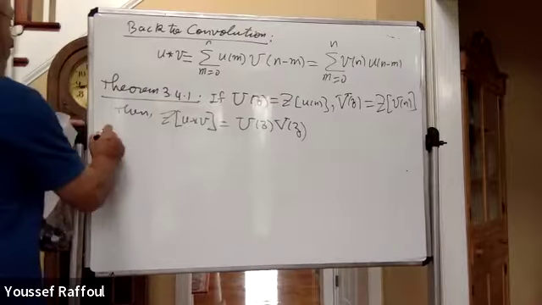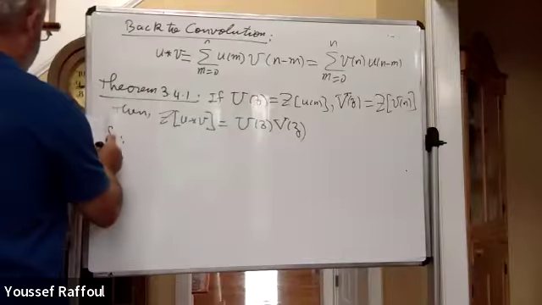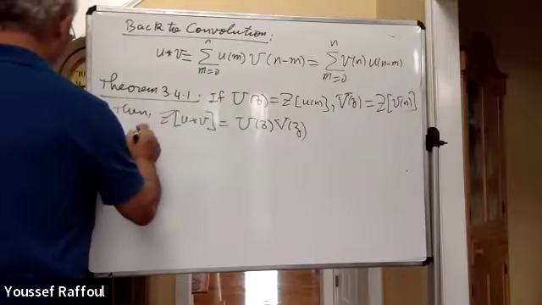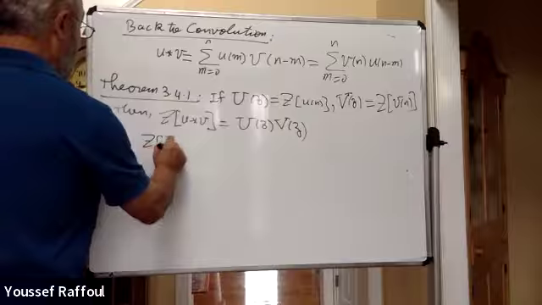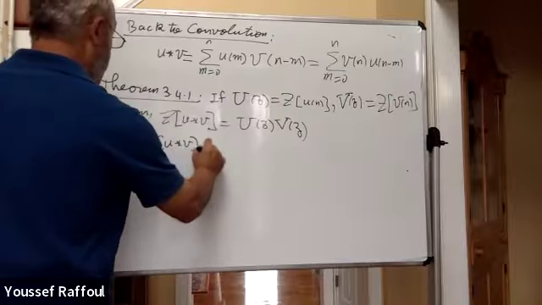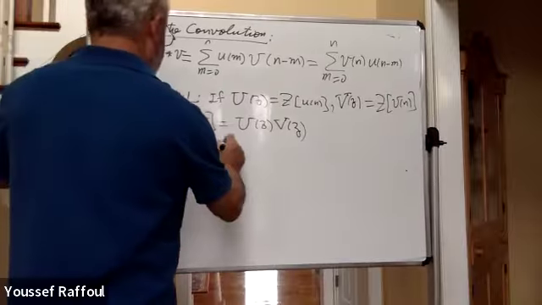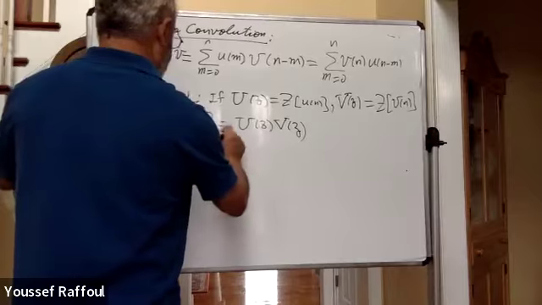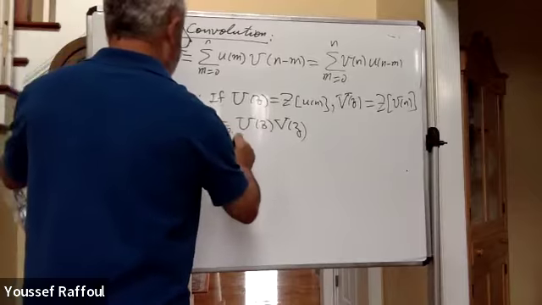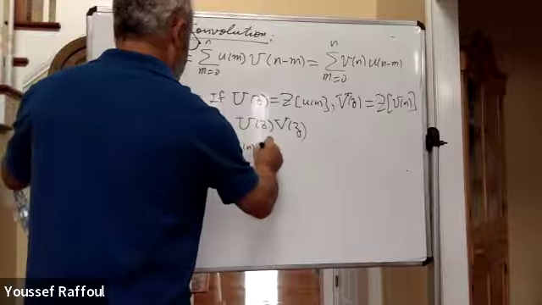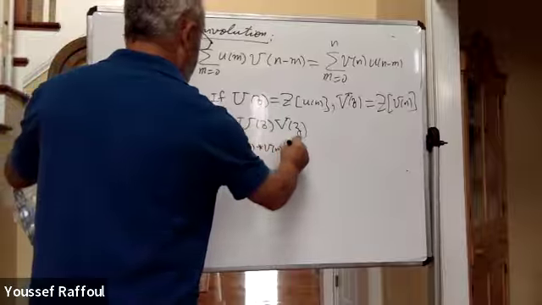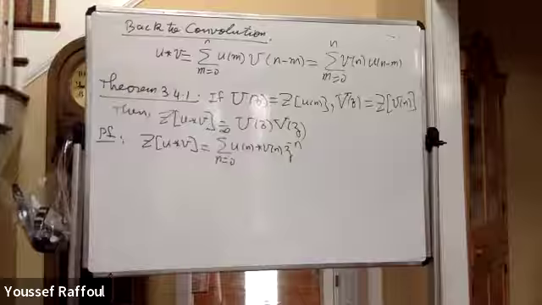So here is the proof. Okay, so let's start from the definition. That is the sum from n equals 0 to infinity of (u star v)_n z^(-n).